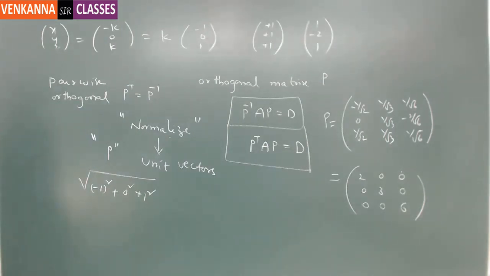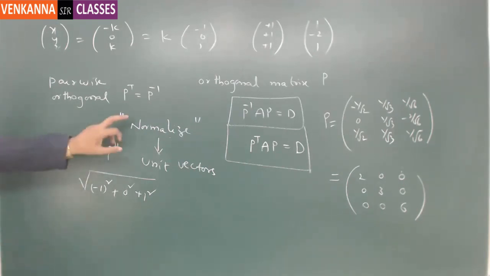So what is the overall procedure? From the given quadratic form, we take the associated real symmetric matrix and find the eigenvalues and eigenvectors. Usually eigenvectors are pairwise orthogonal because we have taken distinct eigenvalues.